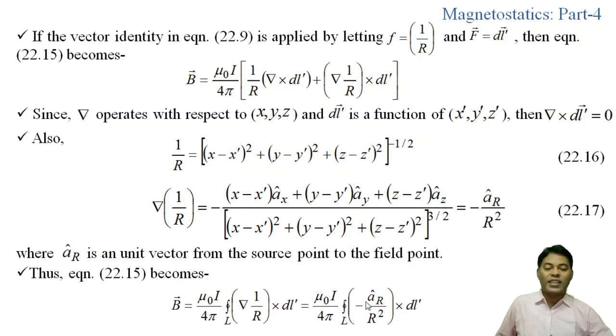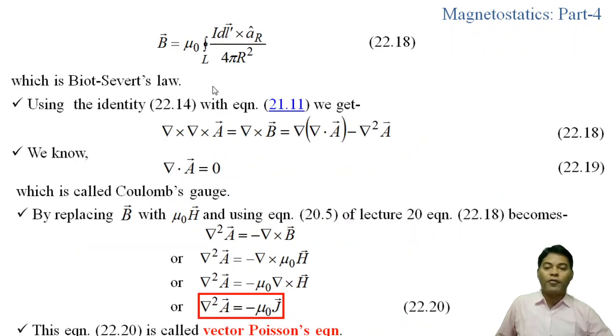Now if we interchange the terms, finally B equals mu naught by 4 pi times the line integral of I dl prime cross a_r by r squared, which is the Biot-Savart's law, which we studied in the last class. So we have discussed how we can derive the Biot-Savart's law using the two vector identities and the magnetic vector potential.